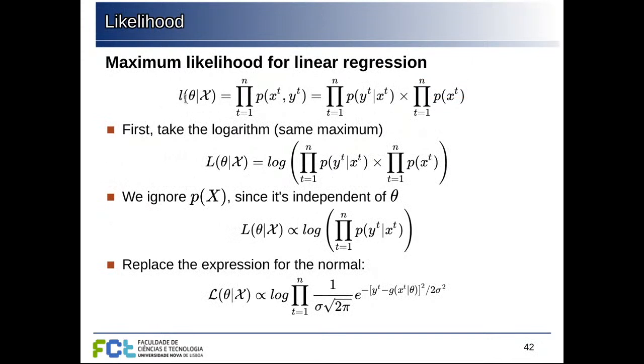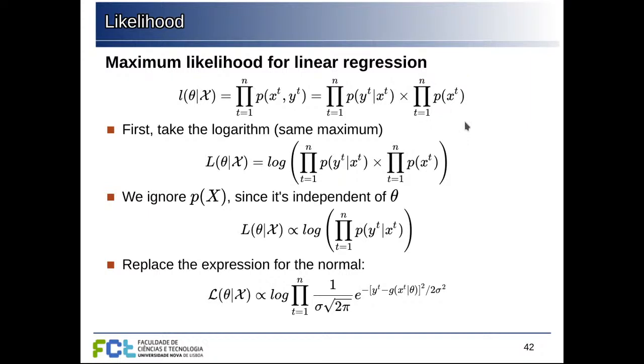In this case, maximizing the likelihood would be maximizing the probability of the data given our parameters, but instead of doing all these products, we usually take the logarithm so that we can simplify this to sums. We can also ignore the probability of the features because this does not depend on the parameters of our model.